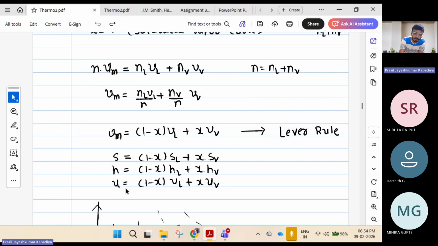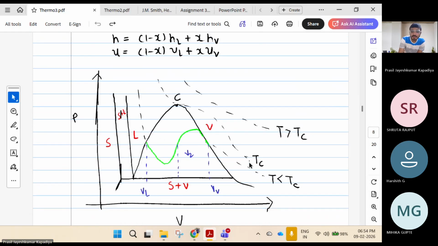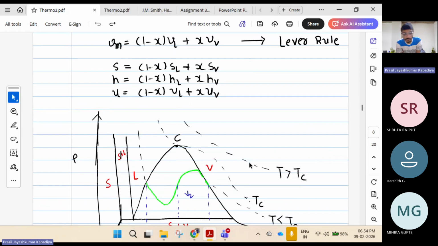A similar thing we can also write for enthalpy, entropy, and internal energy. The equations are similar: 1 minus X into whatever property I am looking at in the liquid phase plus X into whatever property I am looking at in the vapor phase. Okay, I hope this part is clear to you.